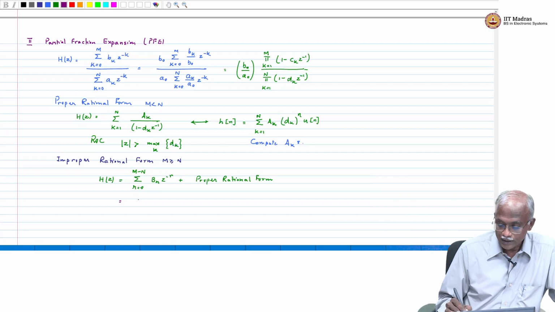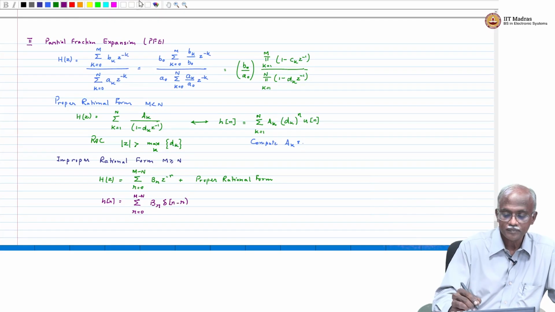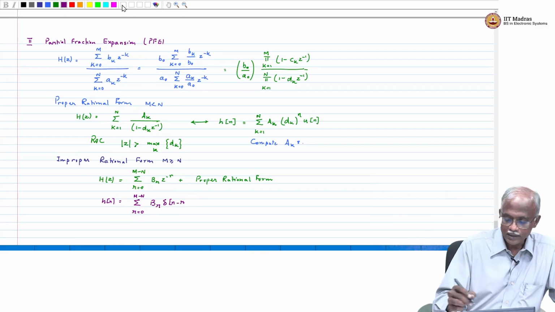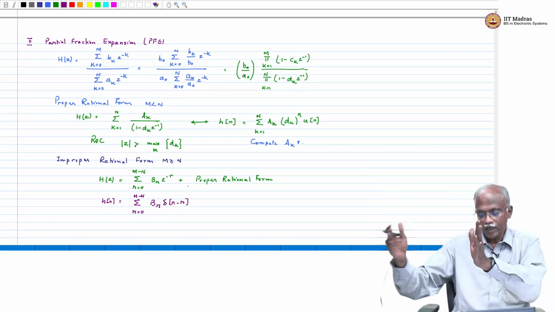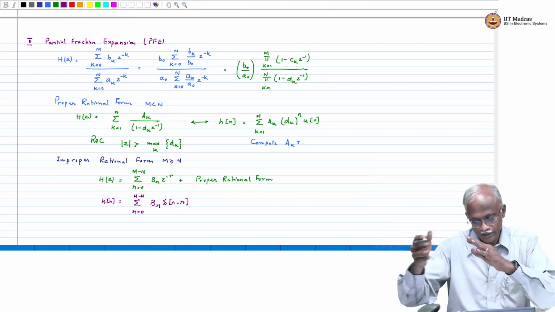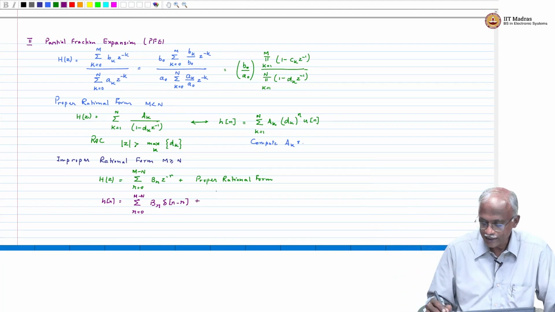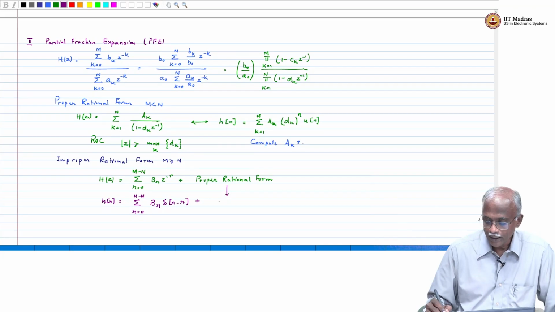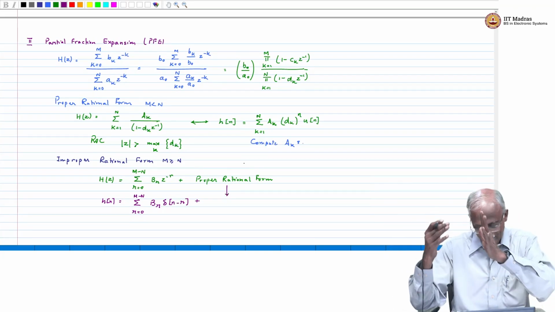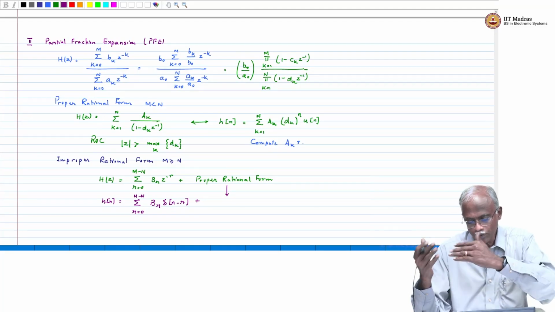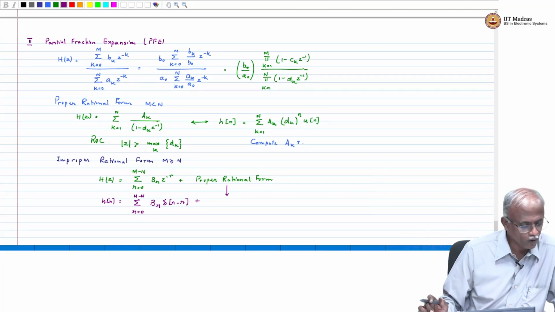The corresponding h of n will be summation r equal to 0 through m minus n, br delta of n minus r. Basically these are constant coefficients. They will occur as delta functions with the appropriate delay, plus the corresponding h of n, the inverse z transform of the proper rational form, which we know how to get.